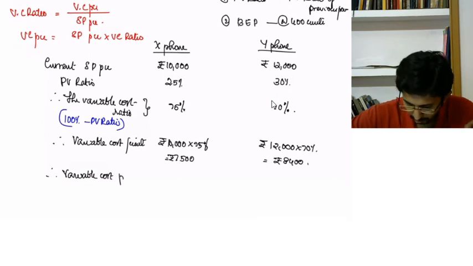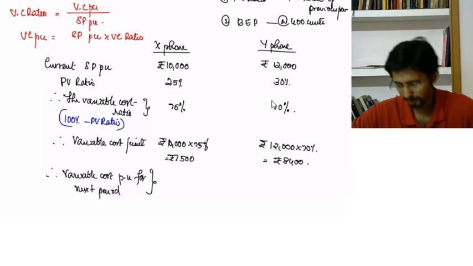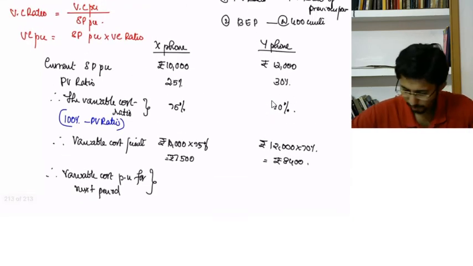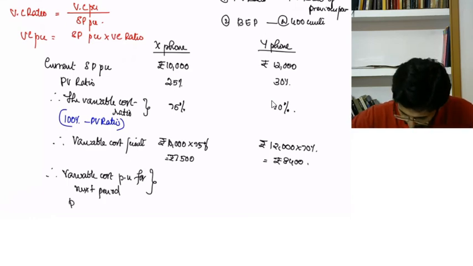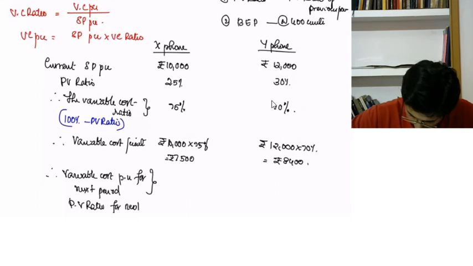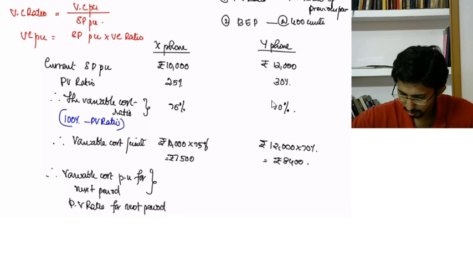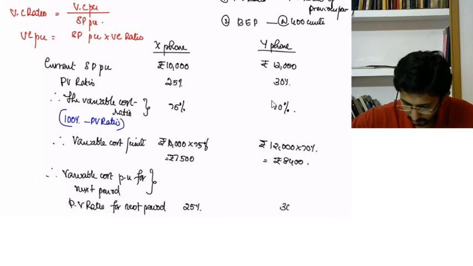Now going further, we can find out the variable cost per unit for the next period. How to compute that? You know that the PV ratio for next period should be the same as previous year, so 25% and 30%.